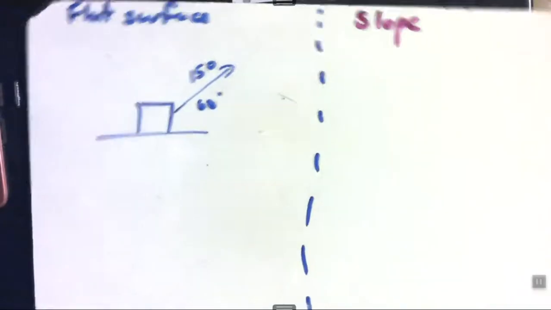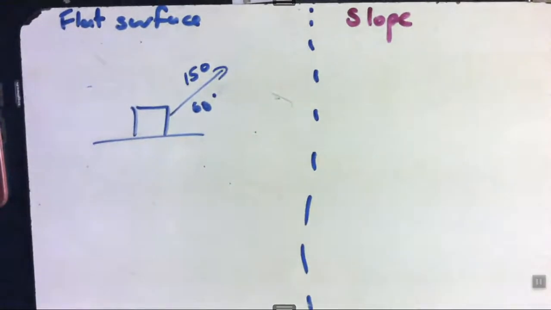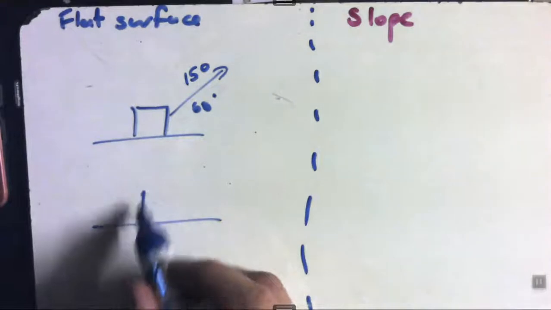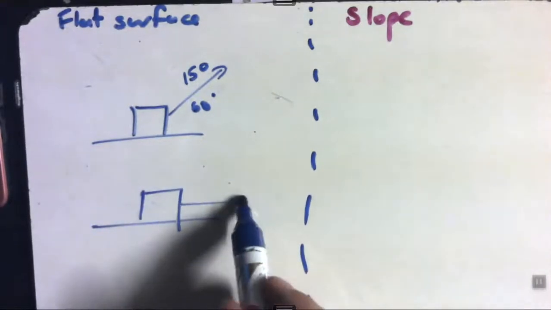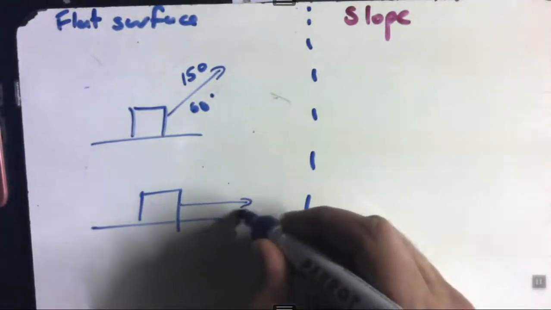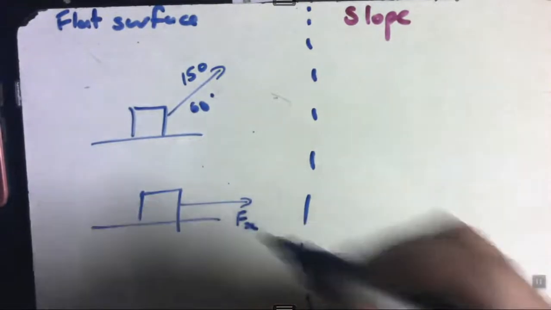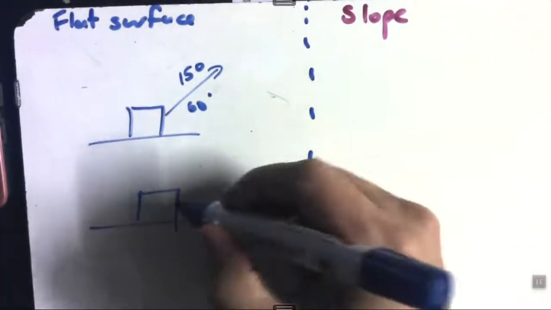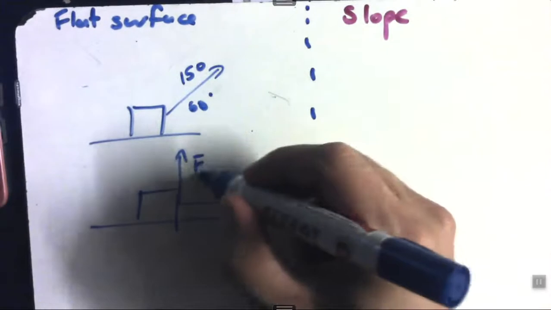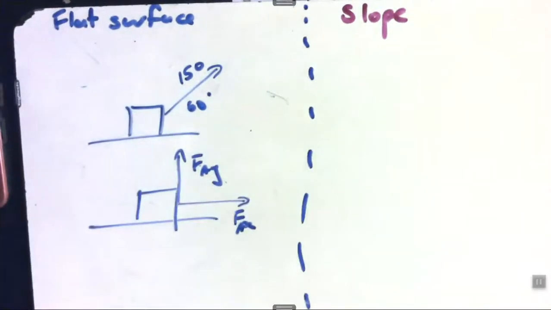Now we have to break this angle into components. This angle actually has a horizontal component, which we can call Fx or Fax, and a vertical component, Fay. Okay, so we're going to break these into components.